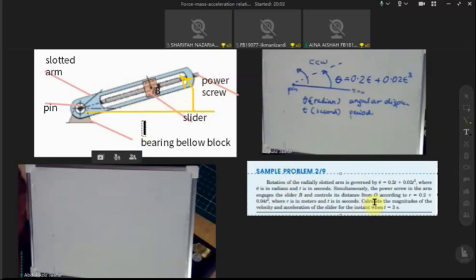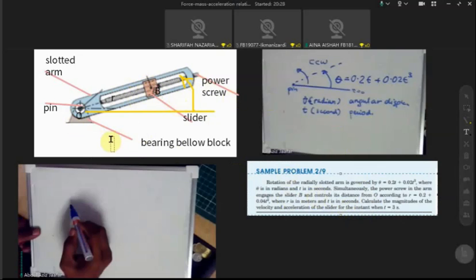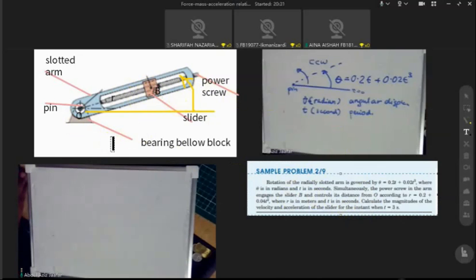And then in this case, it's already mentioned that the slider has a label B and is measured from O. So O here in this case is considered the origin, right? Because they give you the value of R there. So here is R, and the slider is at this position.